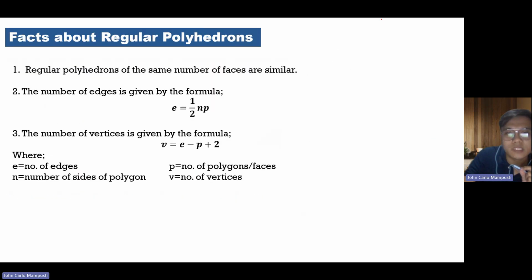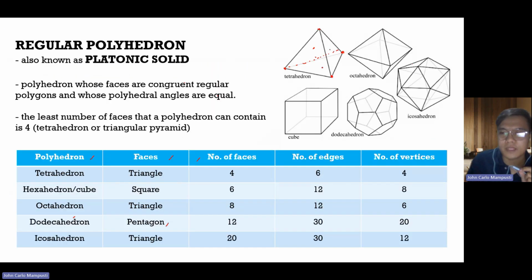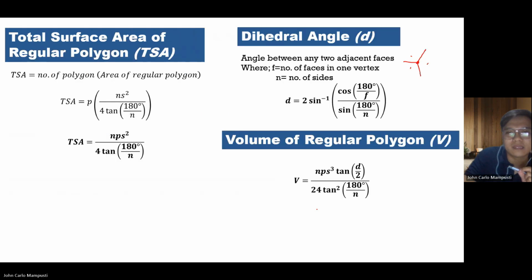Punta tayo dun sa table natin. Nasaan dyan ang dodecahedron? Eto, second to the last. As you can see, dapat alam natin yung polygon na present doon, which is pentagon, and yung number of faces natin. Let's say hindi natin to memorize. Kunyari hindi natin memorize yan.